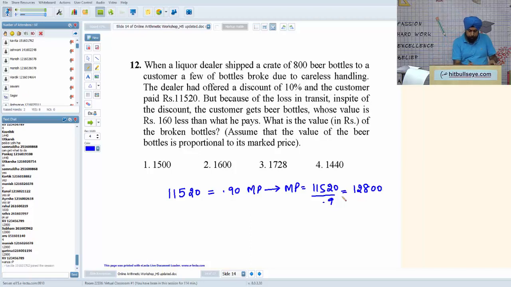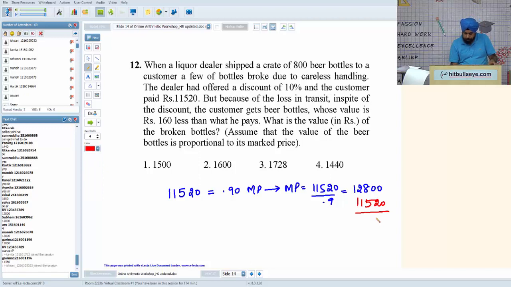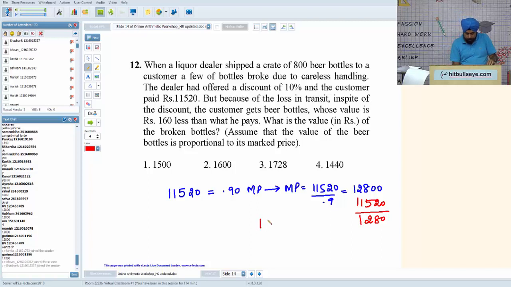We know he has paid 11520, that is, he has paid 1280 rupees less already. Still he made a loss of 160 rupees. So the 1280 discount that he has got, he has broken bottles worth that, and still there is a loss of 160 rupees.